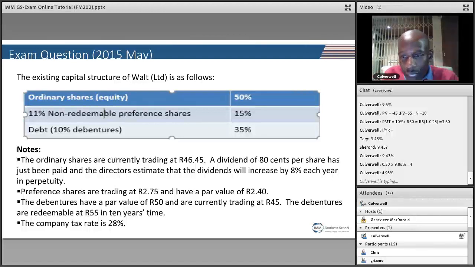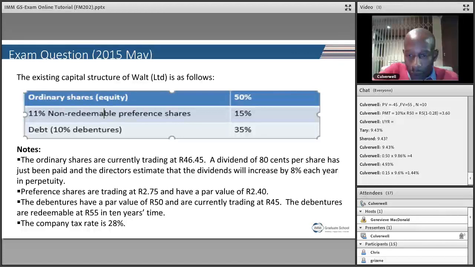I'll also do the calculation for preference shares. The weight of preference shares is 15%, which is 0.15, multiplied by the respective cost of preference shares. We calculated it as 9.6%, so 0.15 multiplied by 9.6 gives you 1.44%.